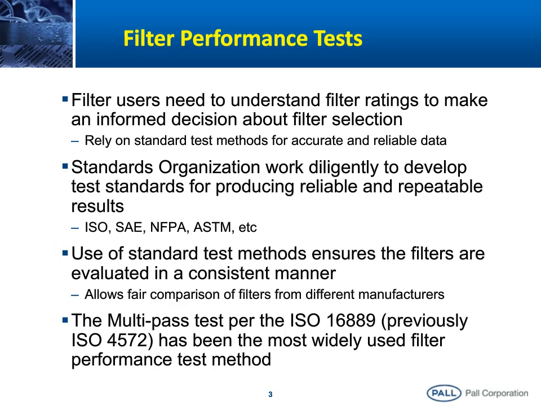Some filter makers rate their filters as nominal for a micron size. Since there is no clear definition for a nominal rating or a test method to come up with this rating, there is no way to compare its performance with another filter. It is therefore not a good idea to select a filter based on its nominal rating.